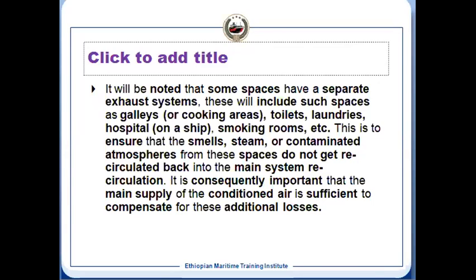Hospital also has to be separate. The reason is contamination. If a person is staying in the hospital, he is definitely a sick person, so the air will be contaminated, and airborne diseases could come to the other rooms, which we don't want. That's why it will be a separate, independent system. Independent means the flow will move out from the accommodation. It will not come back to the recirculation.